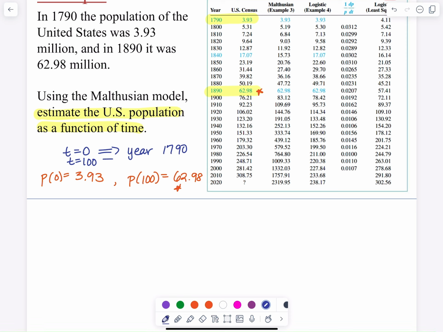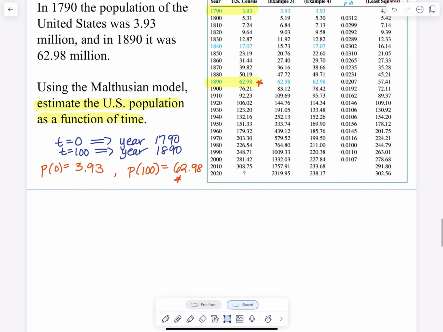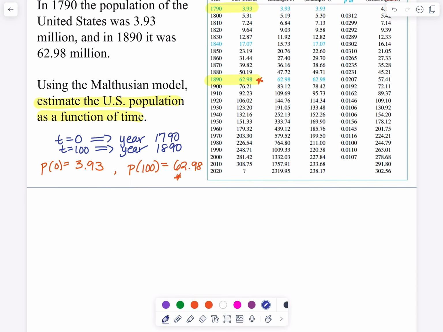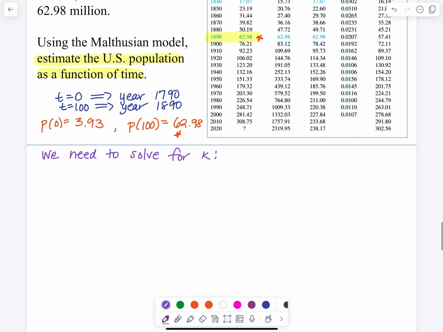T equal to 100 represents year 1890. So we need to solve for k to come up with that model, and we will use that initial data.